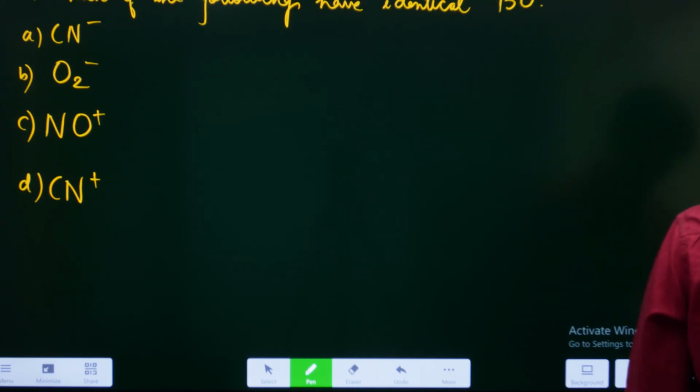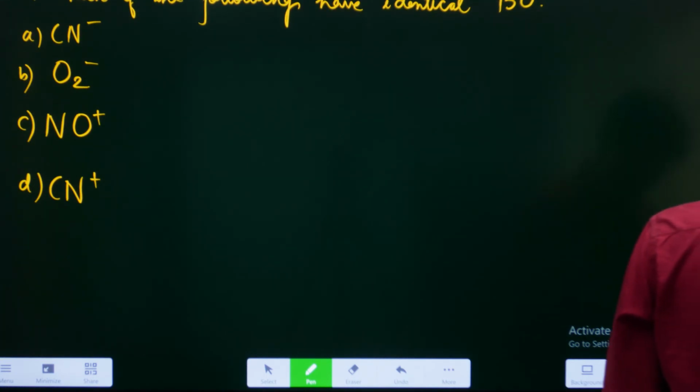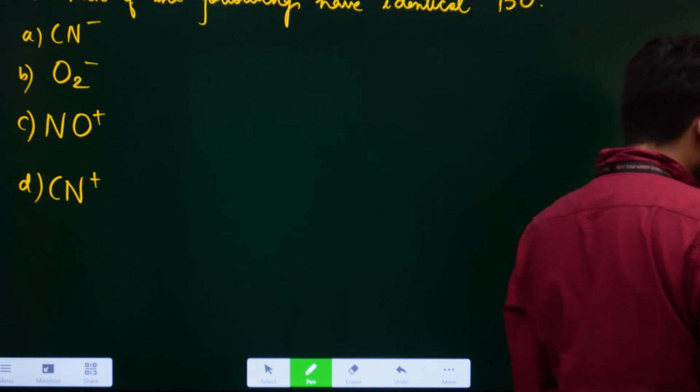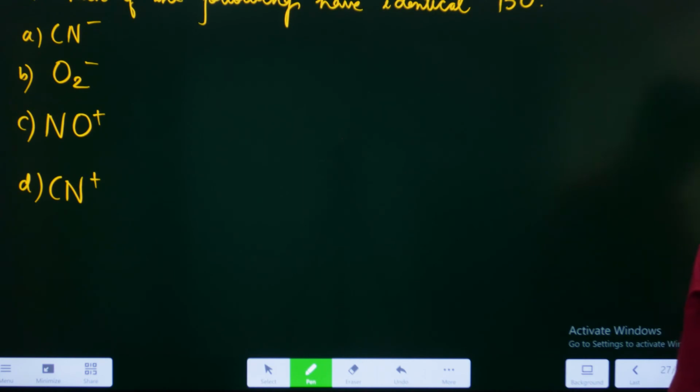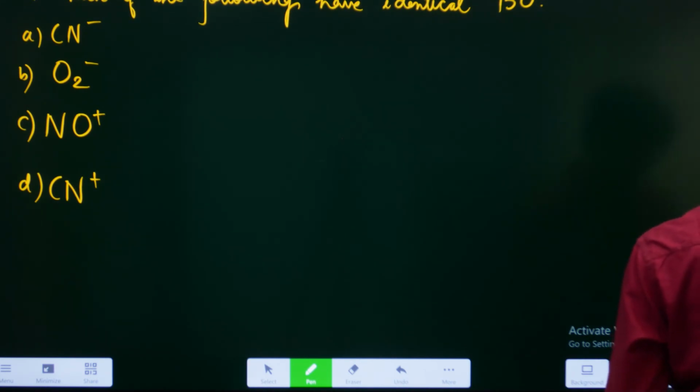Ankush, Ankit, Avni, Reshma. C and D. C and D. Is it A and C or C and D?